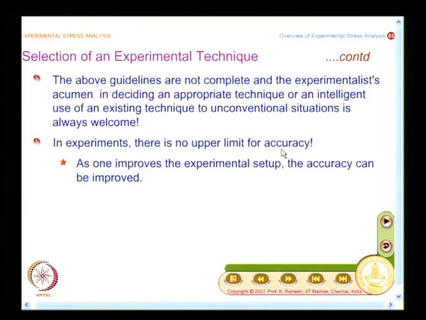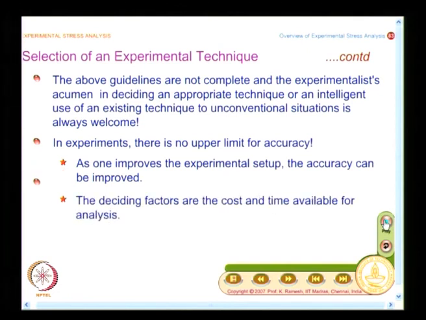So as one improves the experimental setup, the accuracy can be improved. There is no upper limit for accuracy. And what decides it? It is cost and time. The deciding factors are the cost and time available for analysis.